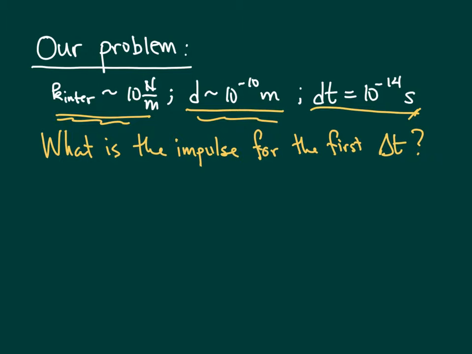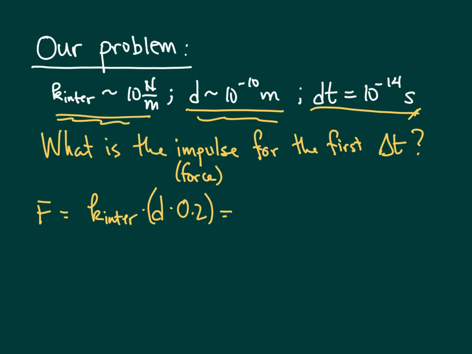And I'll also ask, what's the force? The force is just the interatomic spring constant times the atomic spacing times 0.2, because we said we are going to displace it 20% of the way over.